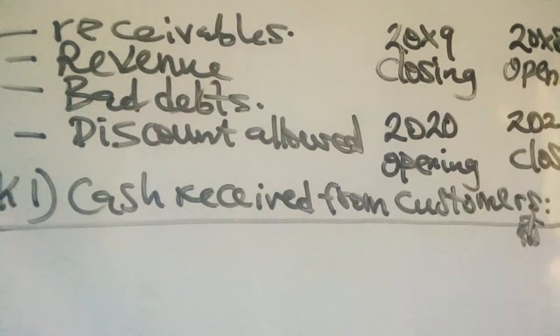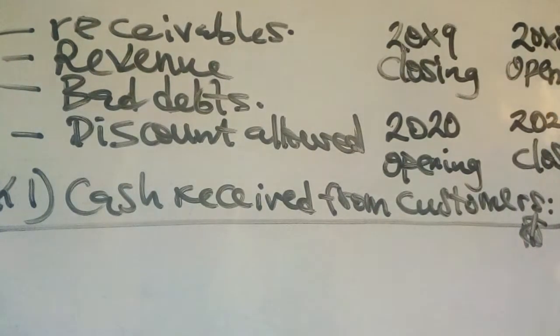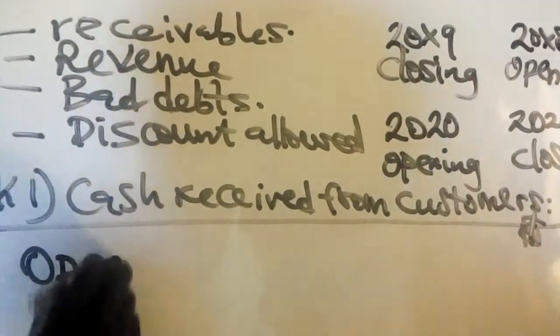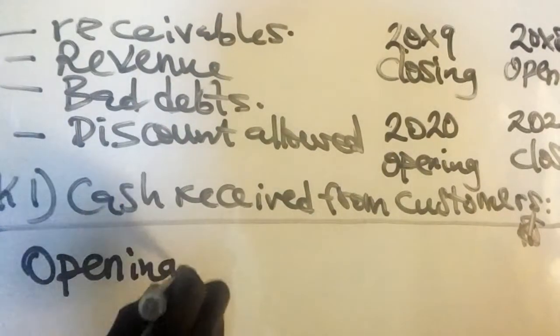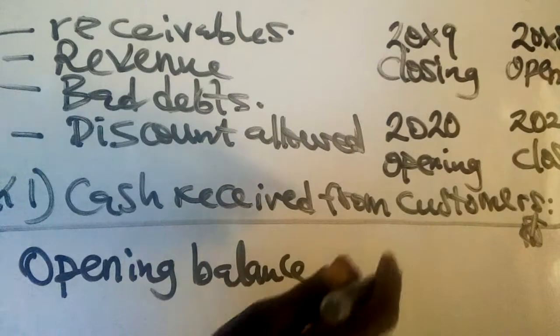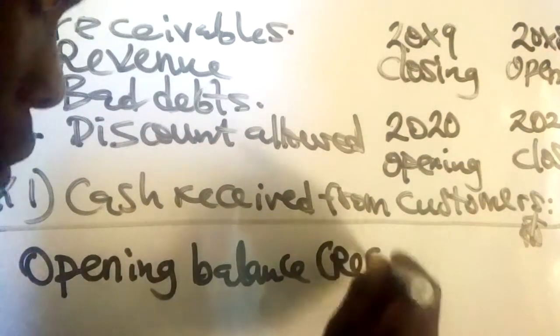Remember, I've told you that we'll be starting with the opening balance, which will be found in the opening statement of financial position. The opening balance you need here is the receivable.